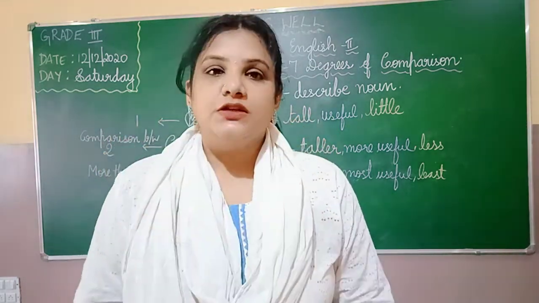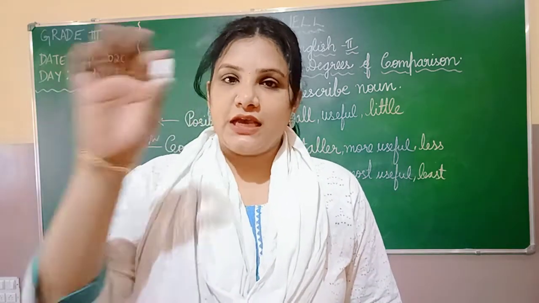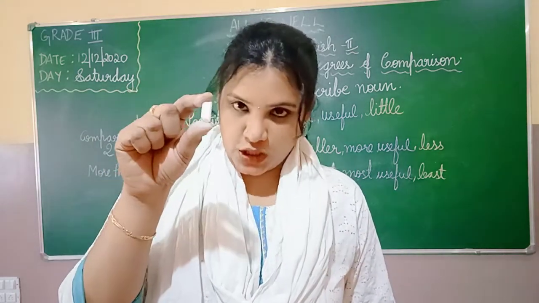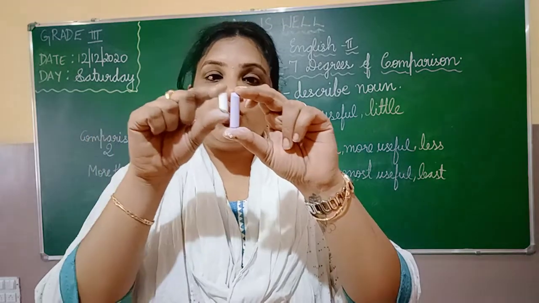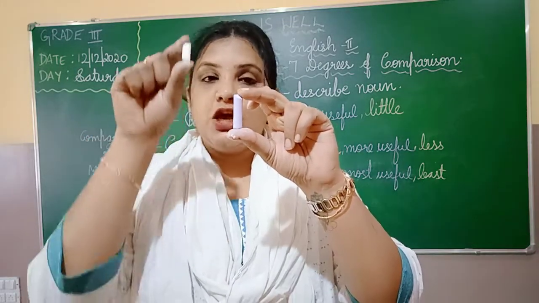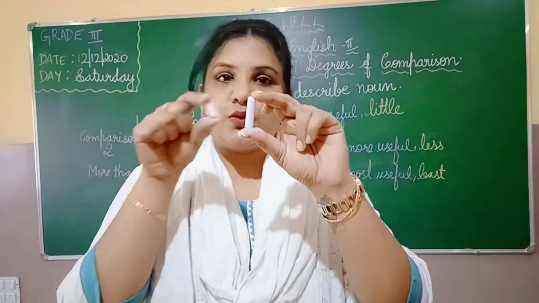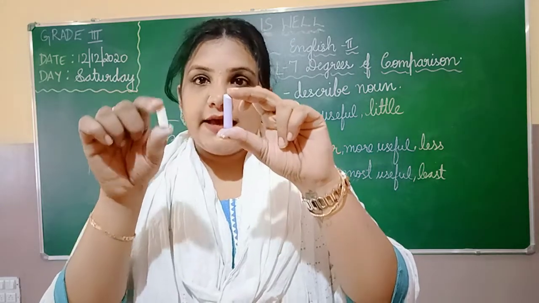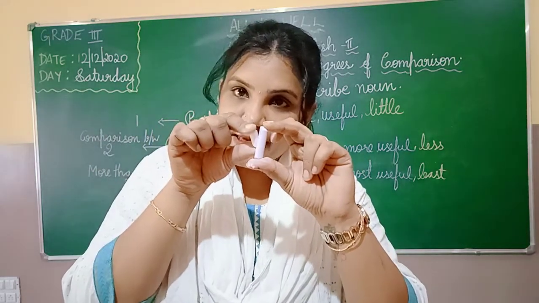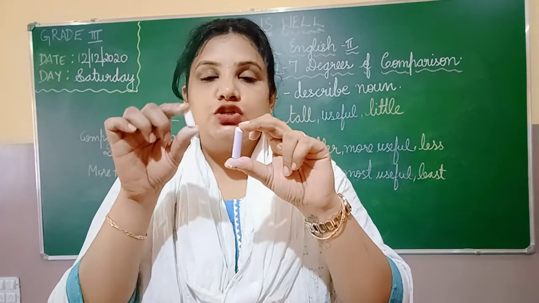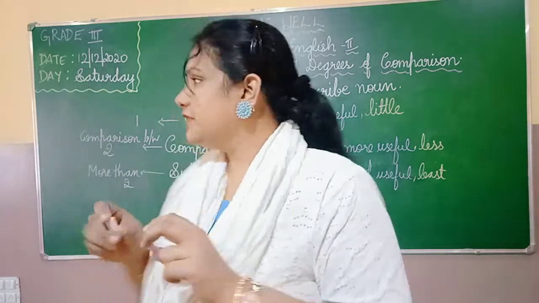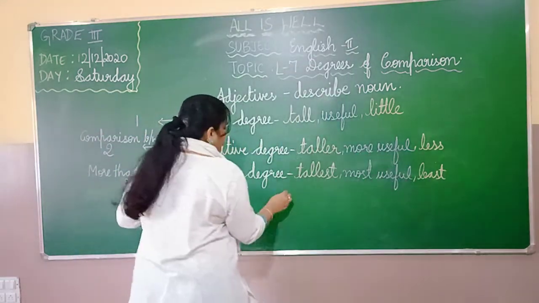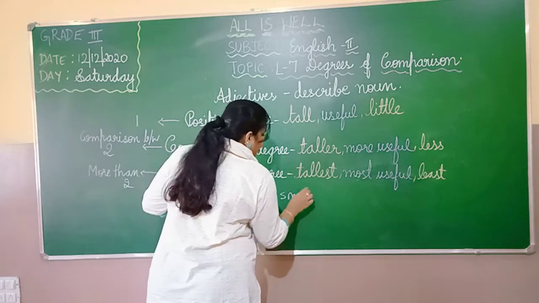Correct? So the first sentence, if I say this is a small chalk, now compared to this, I say this is smaller than this one. The first chalk is smaller than the second chalk. So what happened to the word small? First I said this is a small chalk.